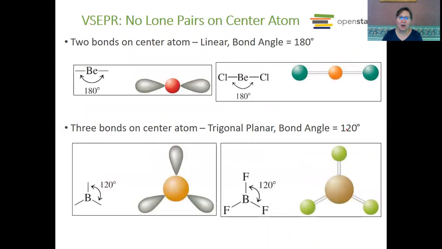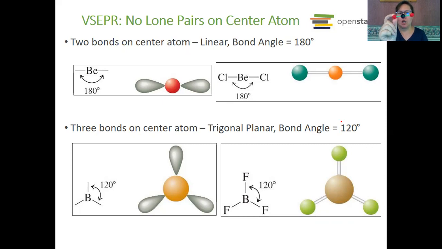All right, so first of all, let's look at VSEPR when there are no lone pairs on the central atom. So I have an example of that. You can see this little molecule that I have here. This one is linear, and you can tell that because the farthest they can get from each other is 180 degrees.